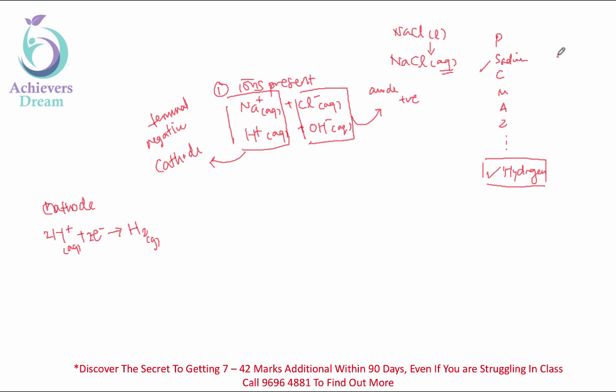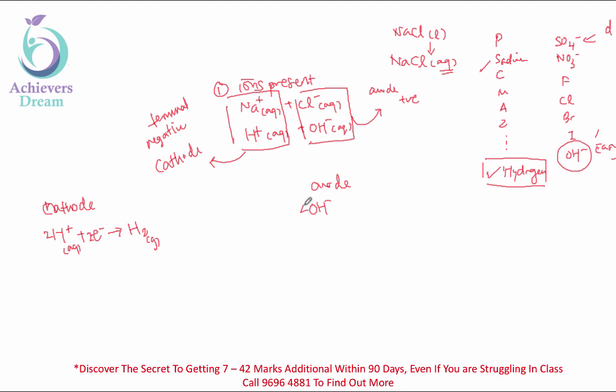Over here, there's a table for us to follow: nitrate, sulfate, followed by the reactivity series of group 7, fluorine, chlorine, bromine, iodine, then OH minus. Who gets discharged easiest? The bottom is the easiest; the top is the most difficult. So OH minus at the anode gets discharged.